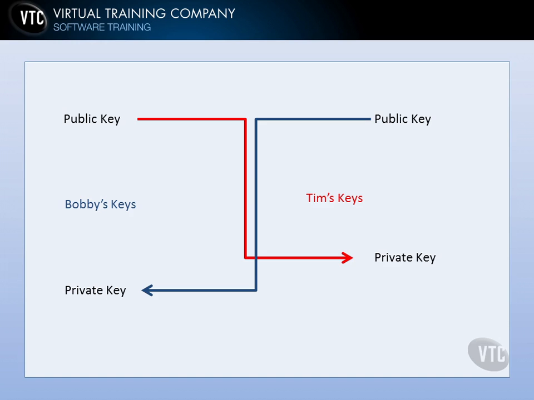Each person has to have a key pair. So that's basically asymmetric encryption in a nutshell, and symmetric encryption as well. Now we haven't talked about the different algorithms that are used for both, and we'll cover that in a later session. But suffice it for now to know how symmetric and asymmetric keys work.